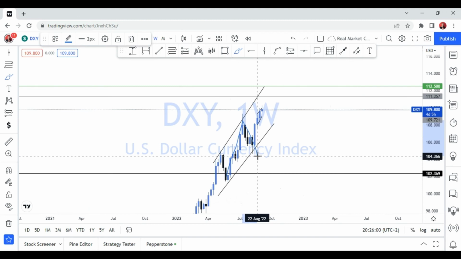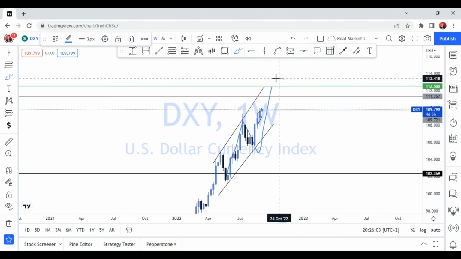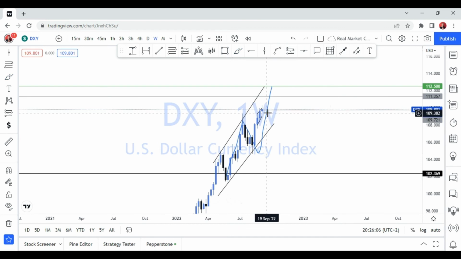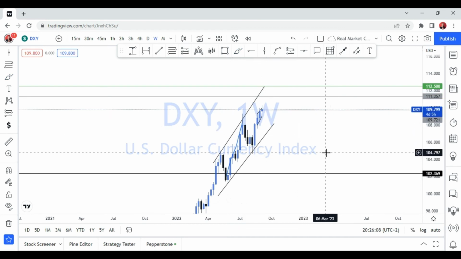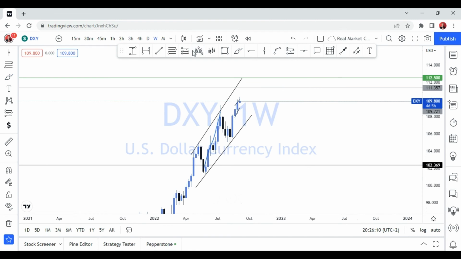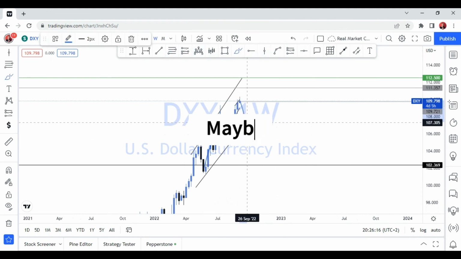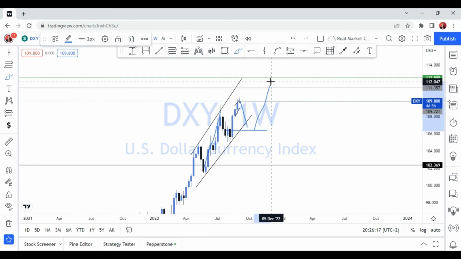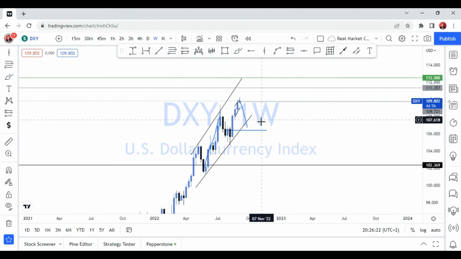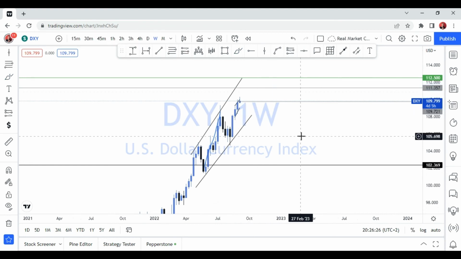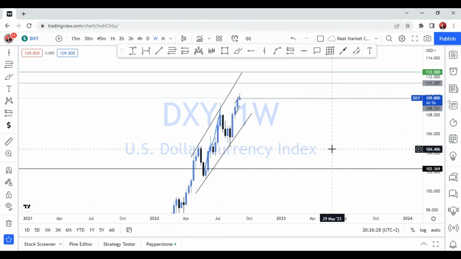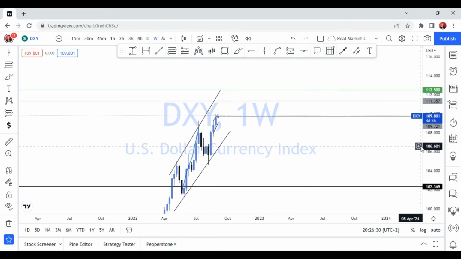Got this impulse here, a retrace, and I'm looking for a push into this area right here, or we might even get, somewhere during the middle of the week, possibly a push down to this level right here, come into this level before we continue with our push to the upside. So I'll just be looking to observe the market, see what price action actually chooses to do, and adapt to the market accordingly.